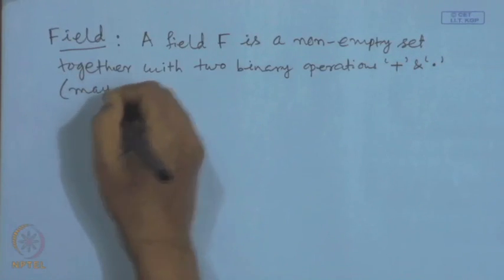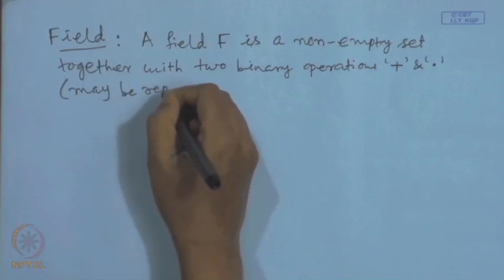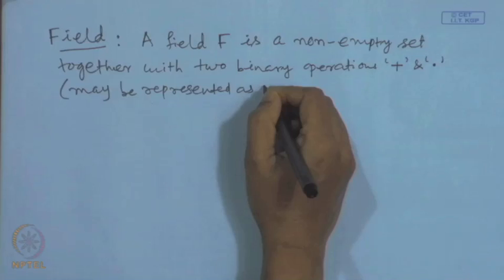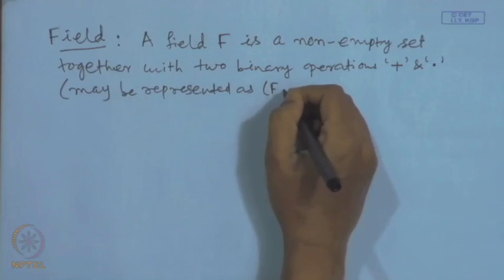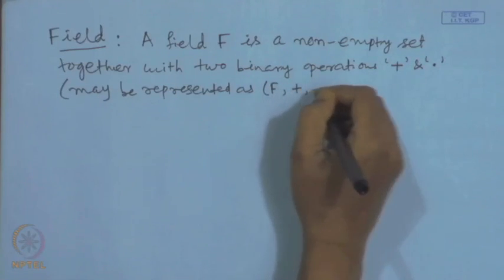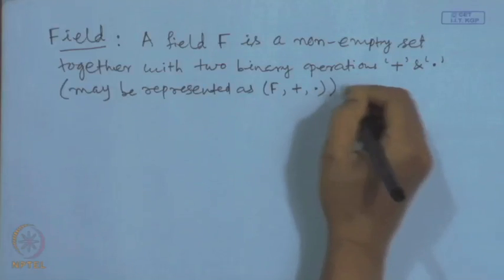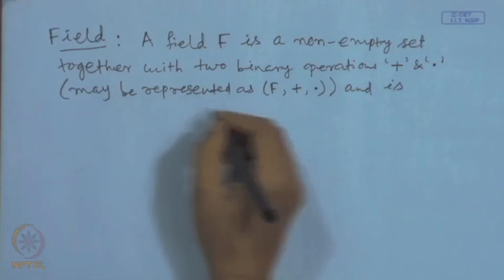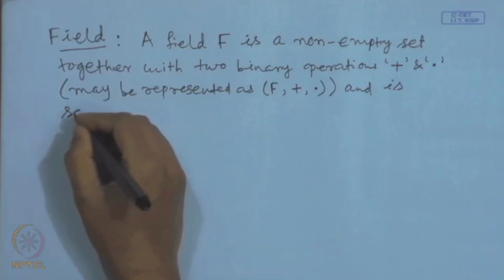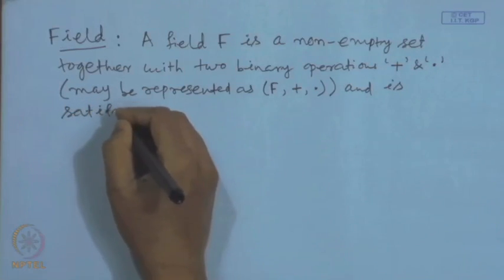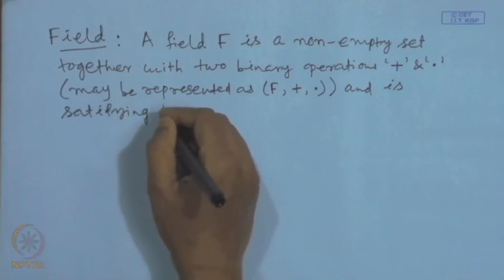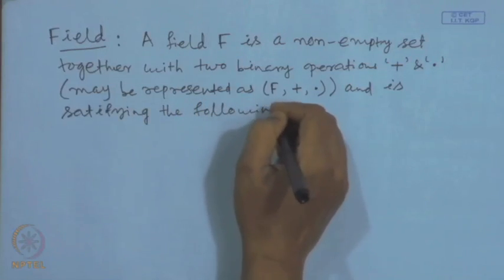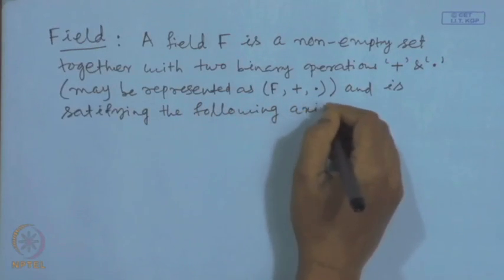This may be represented as a triplet (F, plus, dot) and is satisfying the following conditions or following axioms.